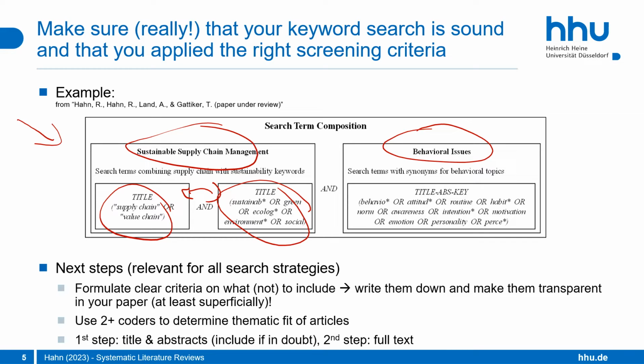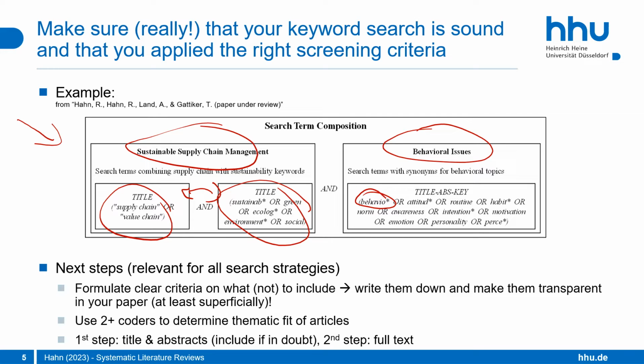Just to give an example again, for the literature review that we conducted on behavioral issues in sustainable supply chain management, we were looking at individual behavior, but there's also a topic called organizational behavior. For the keyword behavior, for example, we also had hits on organizational behavior. That includes, for example, organizational culture and stuff like that. But we're not interested in that, so we sorted these articles out.